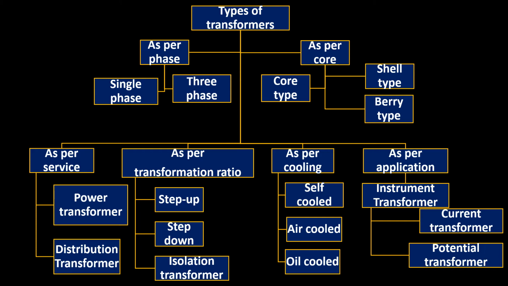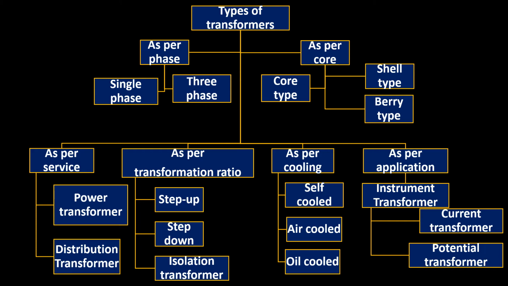Next is according to the cooling arrangement provided. Your transformer may be self cooled, air cooled or oil cooled. As per the applications, for which purpose you are using the transformer, according to that also we can have types of transformer.